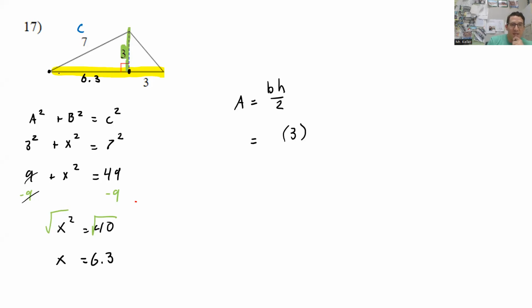The base, we need to add together. So the base is the 6.3 that we found plus the 3. So it's going to be 9.3 for the base. And then 9.3 times 3 divided by 2 comes out to 13.95, which rounds to 14.0.